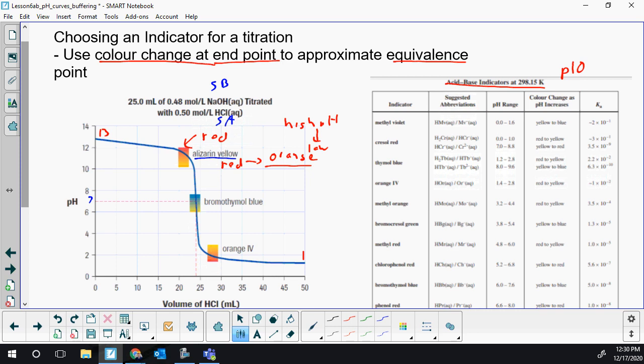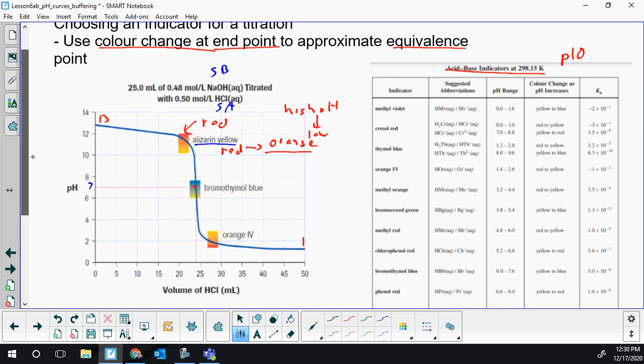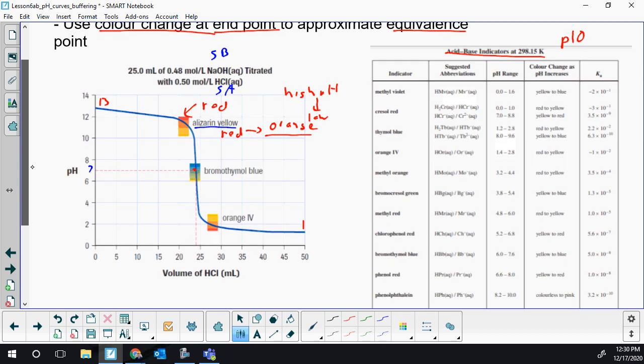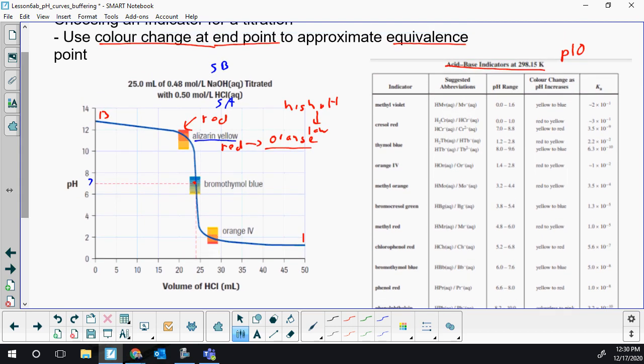Okay, if we move down to the middle one, which does work, bromothymol blue, here the color change is definitely going to be really close to the equivalence point, almost bang on. To grab these colors, again, we've got to go through the second color to the middle. So that is this line in our table.